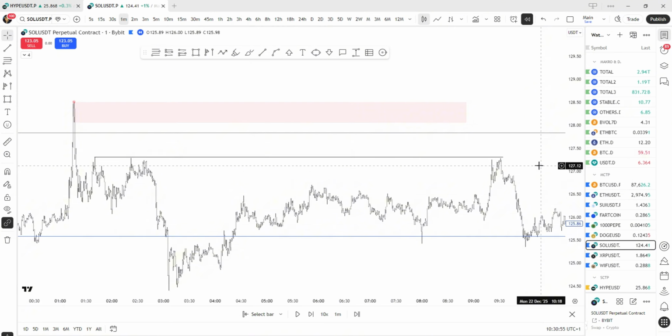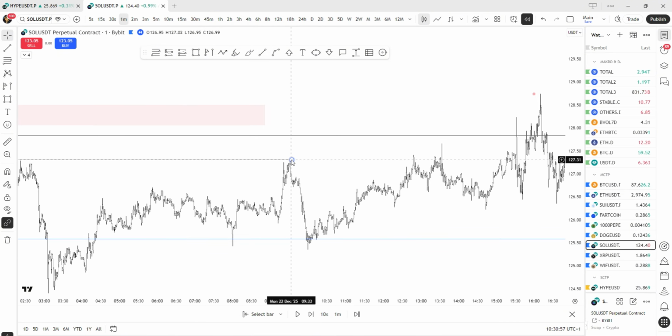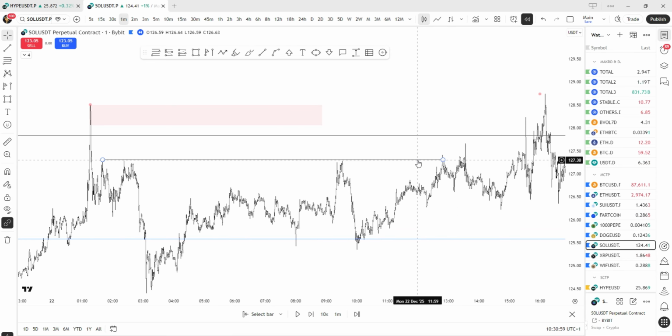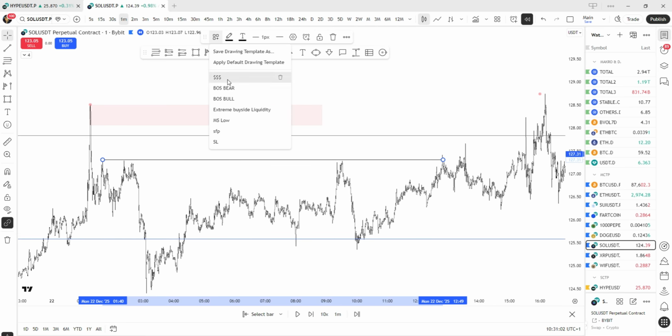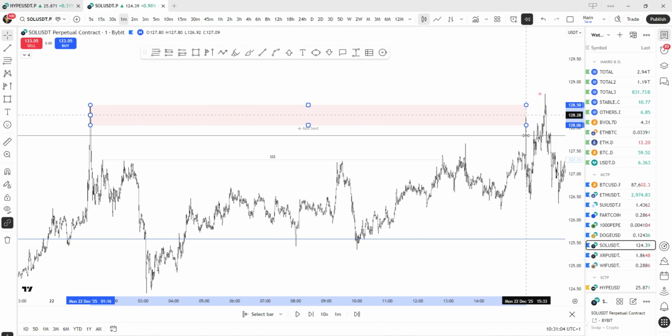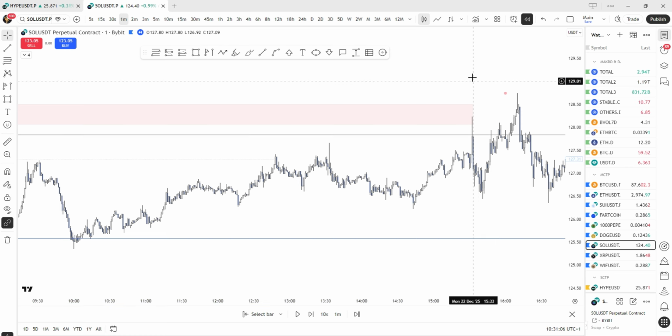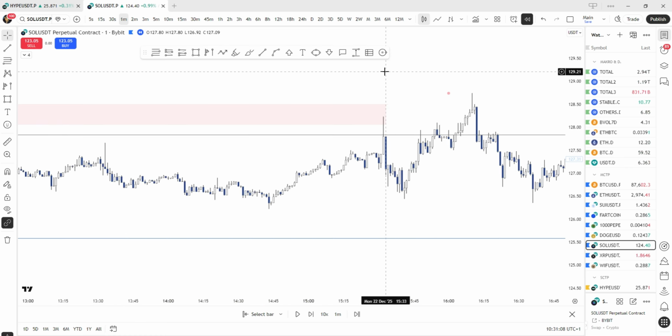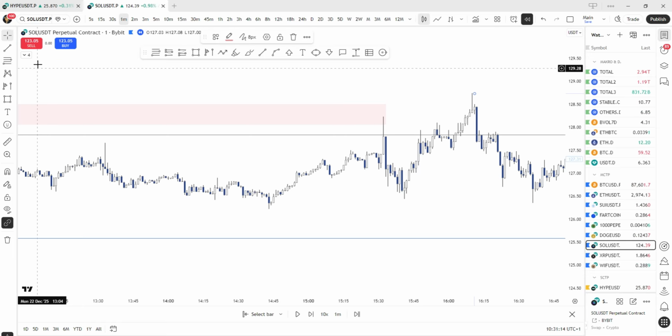We took them, oh no, 4 highs. We took them out here and took out, I think this was a news candle. Looks like a news candle. Oh no, it was exactly on New York Open.